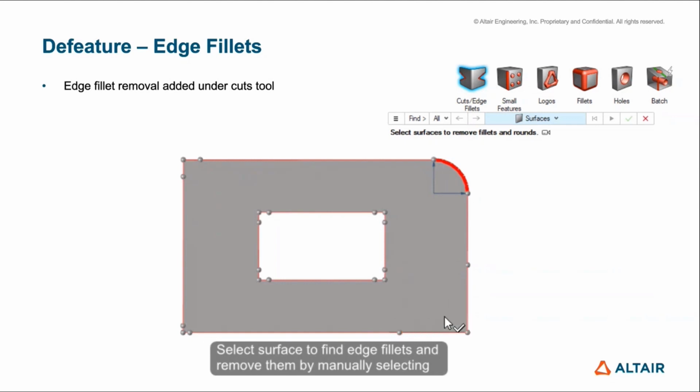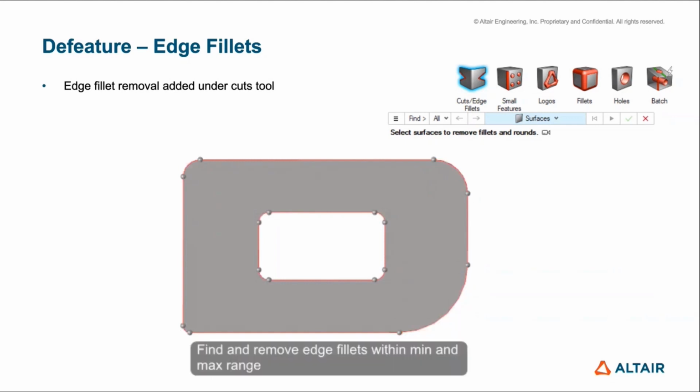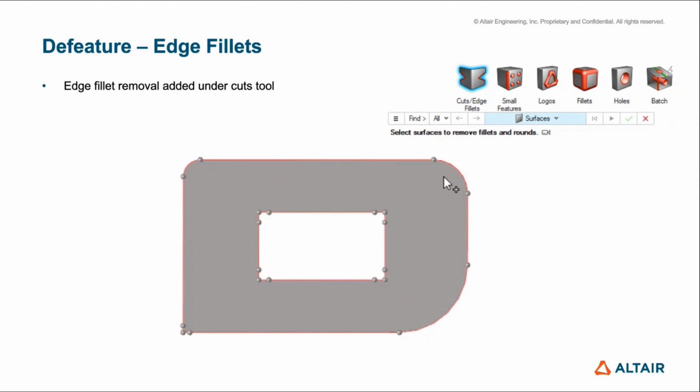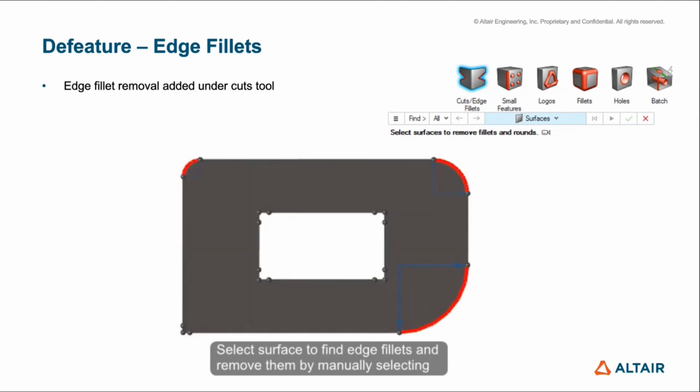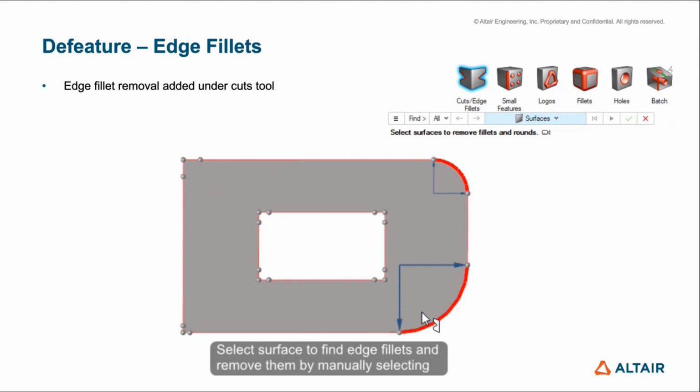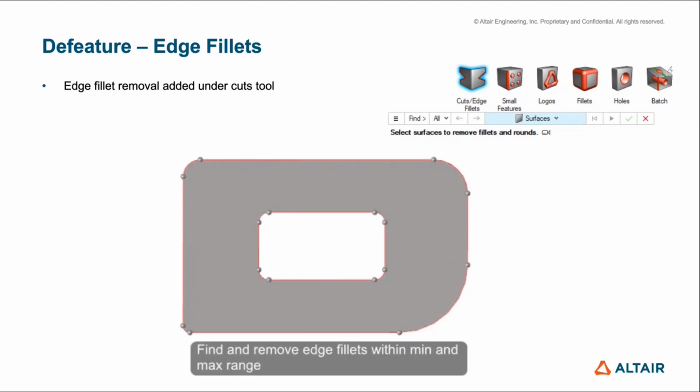You can also go through a model tour. You can individually remove them. You can remove in bulk. And you can also visualize. It also gives you a nice visualization of where the fillet starts and where it ends, so that the user has a clear idea of what he or she is going to remove.